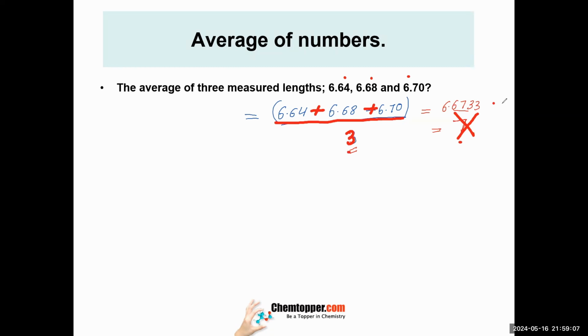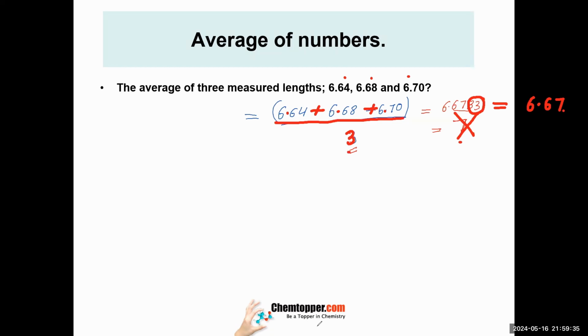You're adding these numbers, so I have to use that addition subtraction rule. So in addition subtraction, my answer can have only 2 decimal places. Can you see that all these numbers have only 2 decimal places? So it means I have to drop this 33. When I drop 33, what's the answer left? 6.67.